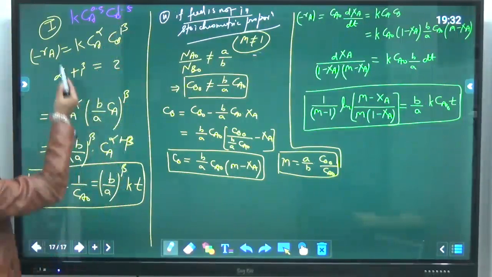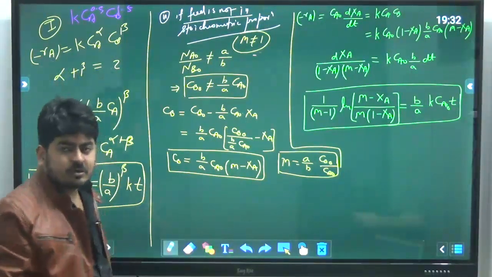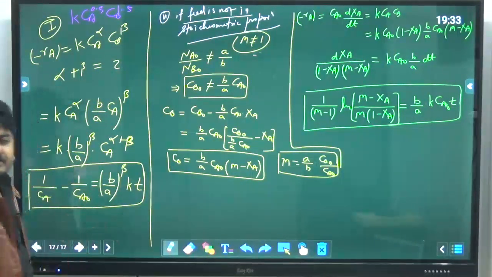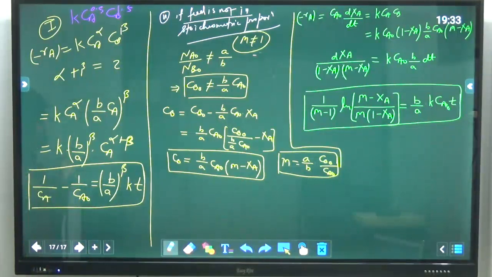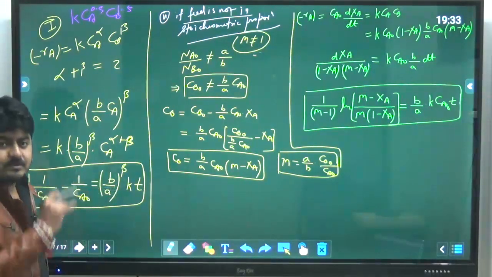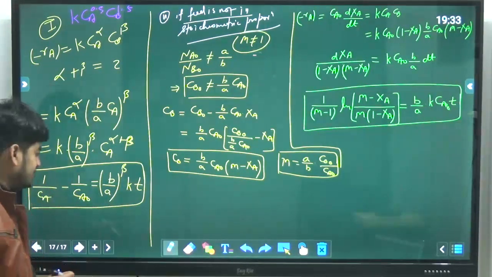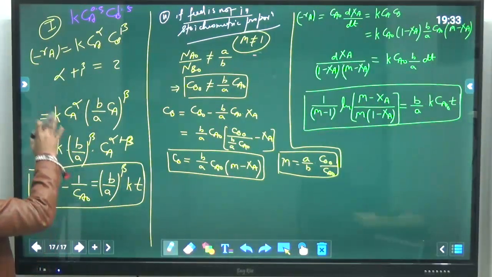B and A depend on the reaction equation, their stoichiometric coefficients. That's how you will get your answer. It's not a big deal to solve these kinds of equations. The thing is, you should know how to find the rate equations and kinetic equations. If you know that, then you can do anything. That's why we spend more time today on the kinetics part, on how to write the rate equation and kinetic equations. This is for the first case.